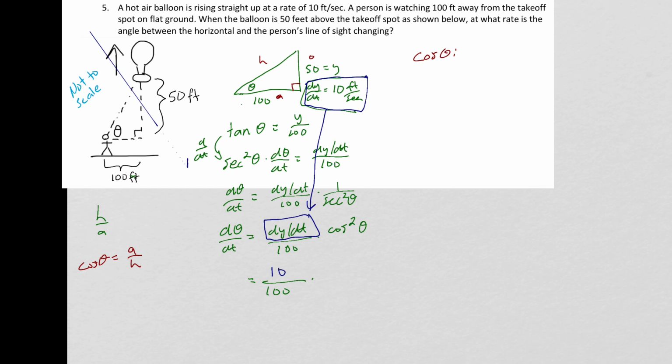So what am I going to use? I'm going to use the Pythagorean theorem. And at this point, I have already taken the derivative, so I can go ahead and plug in that y equals 50. I can use that 50. So what do we get?